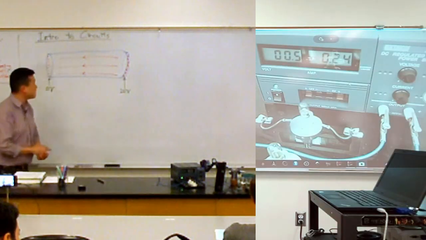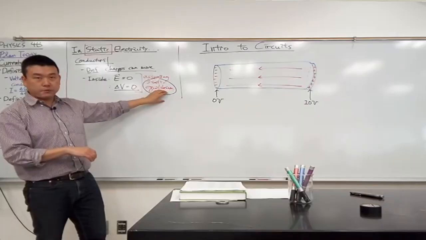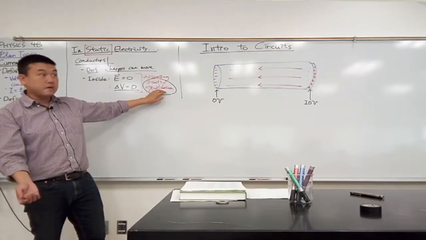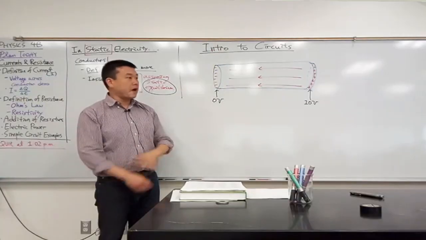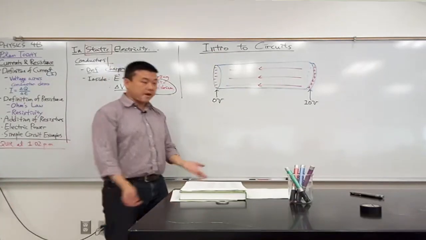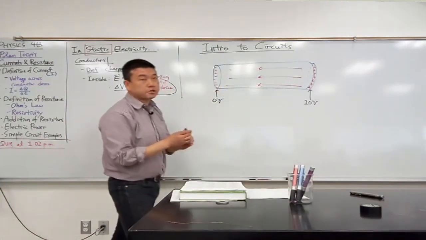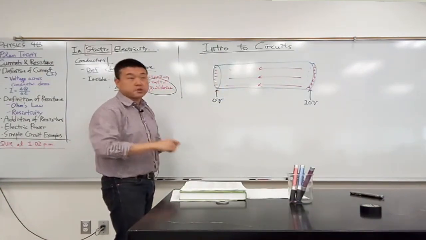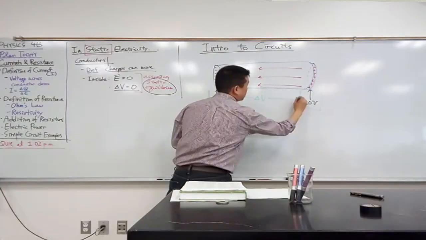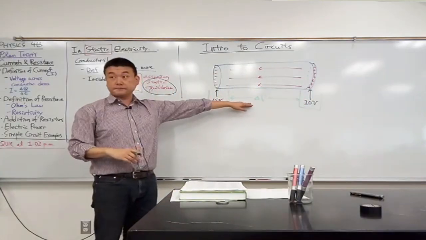So before, what we said was, it's the static equilibrium condition. This is what we are holding true, that charges don't move. When we get to circuits, now we are getting rid of that, and we are holding something else constant. And depending on the problem, this will change. But for this initial discussion, let's say we are holding the difference in voltage constant.